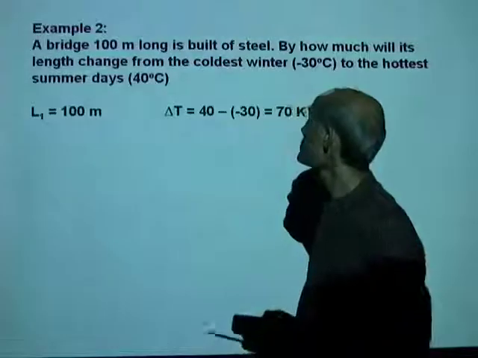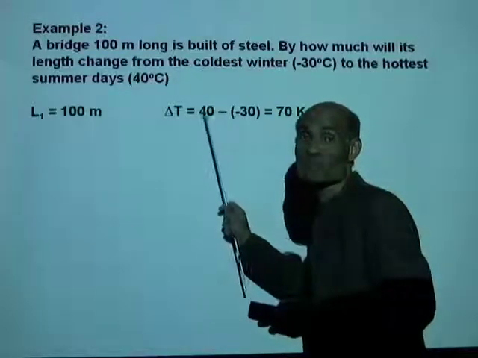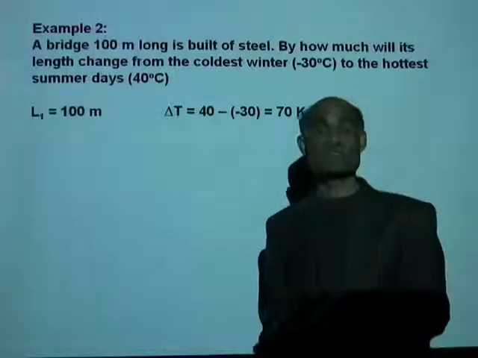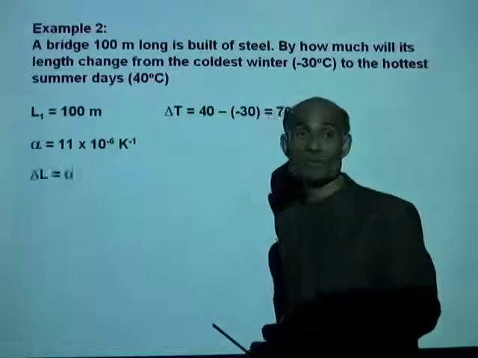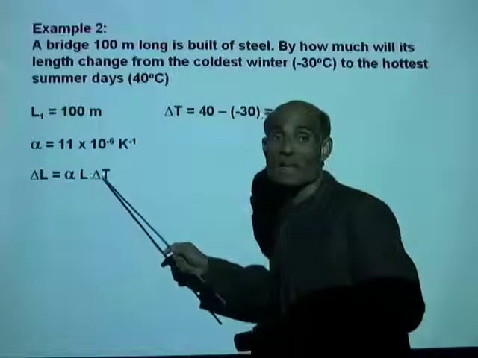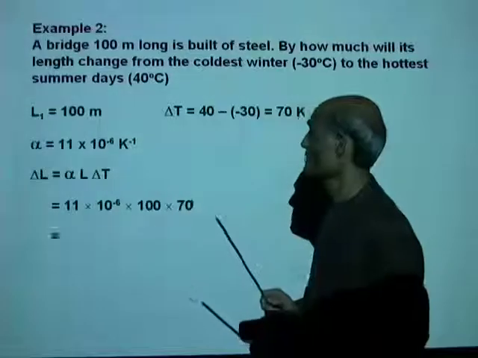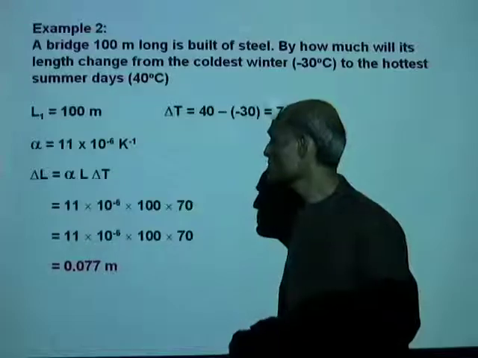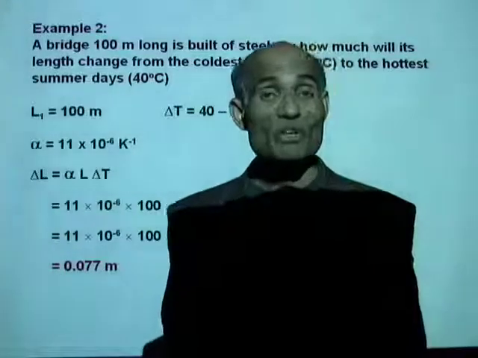Delta T is final temperature minus the initial temperature. 40 minus negative 30, that is 70 Kelvin. Alpha is known, therefore delta L is alpha L delta T. And using all the given values, that delta L is 0.077 meter.